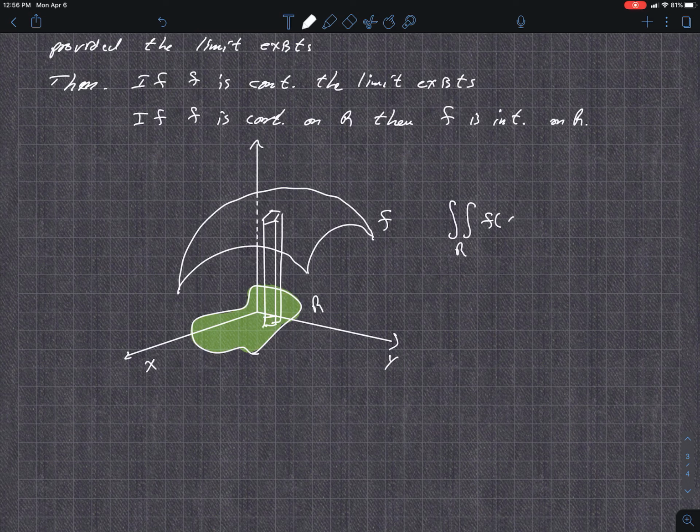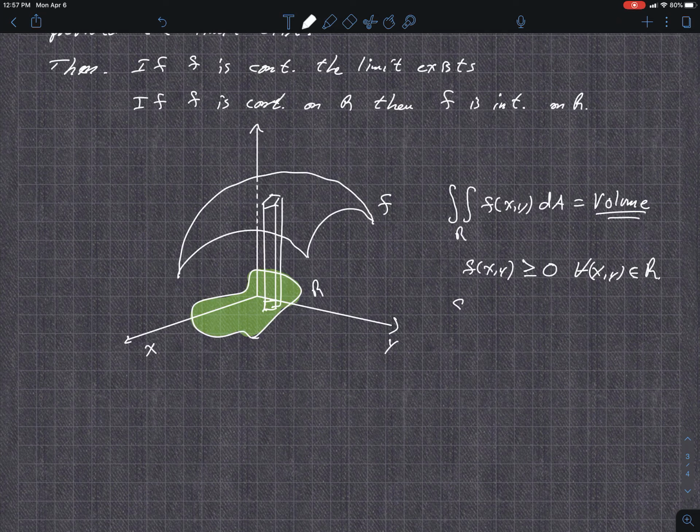So the double integral over the region R of f of x, y, dA equals, oh shoot, not area, but volume. So it's volume, assuming, of course, f of x, y is greater than or equal to 0 for all x, y in your region R. That has to be true, of course. And it can be other concepts.